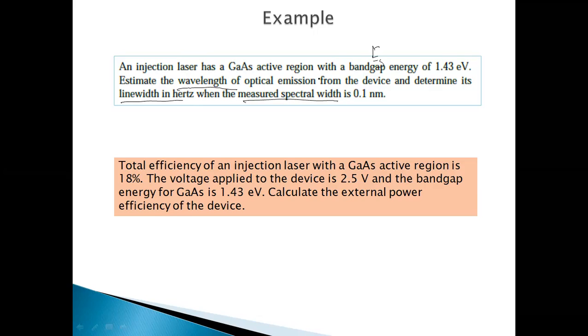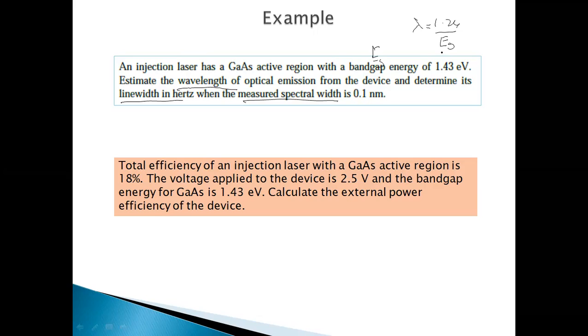Let us calculate the emitted wavelength from this laser diode. We have learned this equation, lambda equals 1.24 divided by Eg. This equation enables us to calculate the wavelength, lambda, if we know the band gap energy of that particular material.